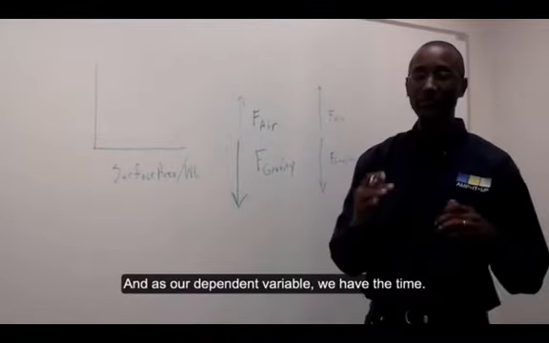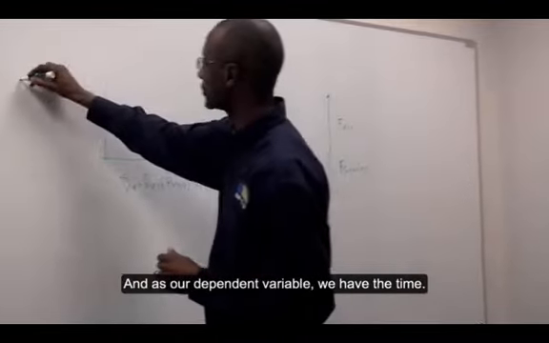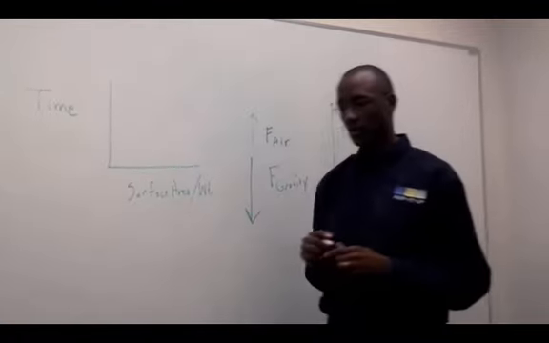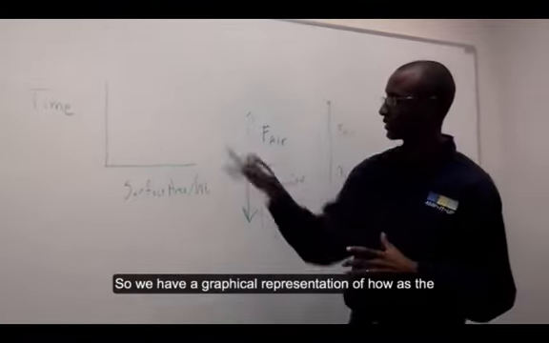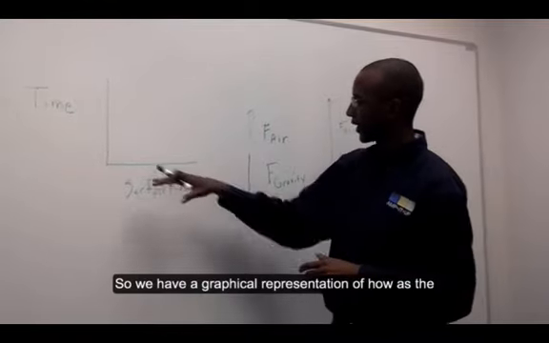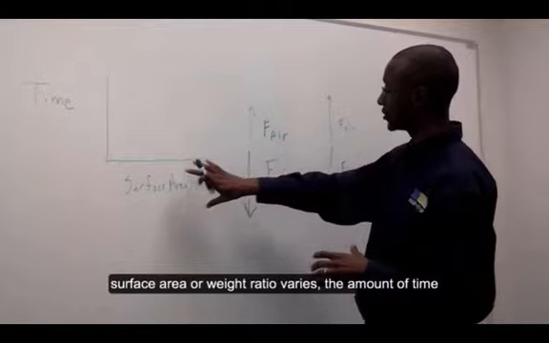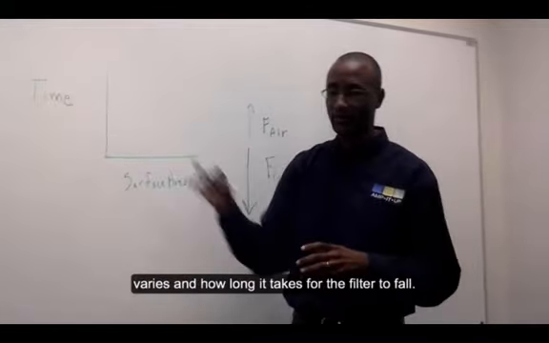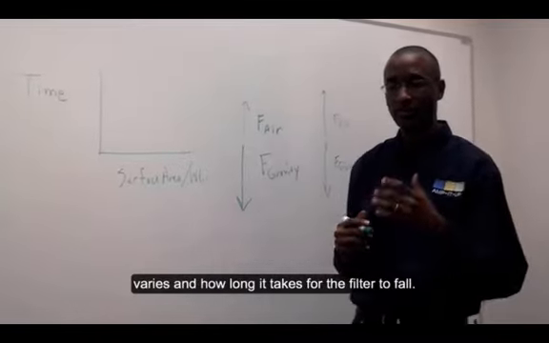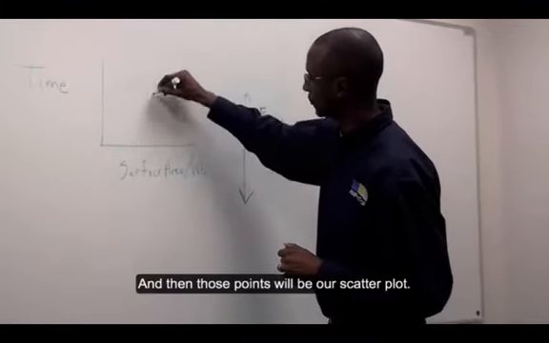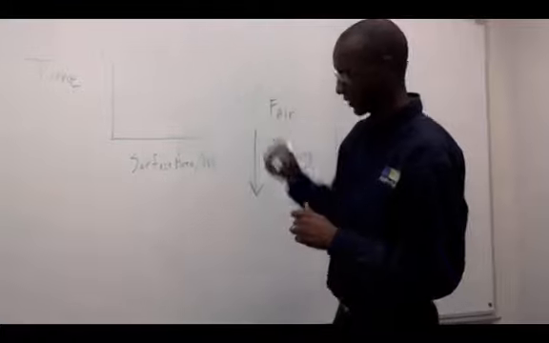And as our dependent variable, we have the time. So that we have a graphical representation of how, as the surface area to weight ratio varies, the amount of time varies, and how long it takes for the filter to fall. And then those points will be our scatter plot.